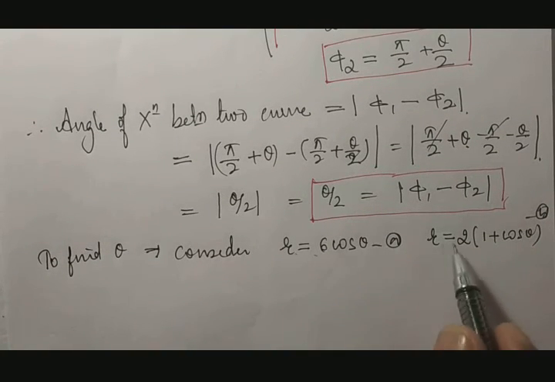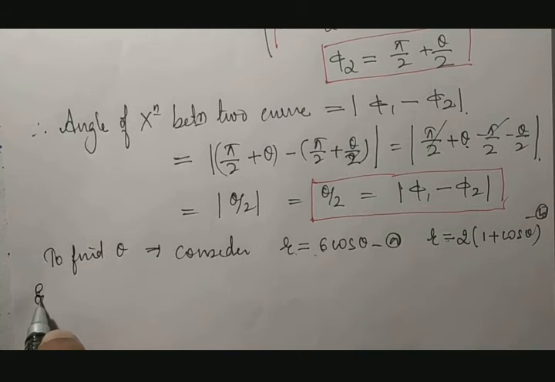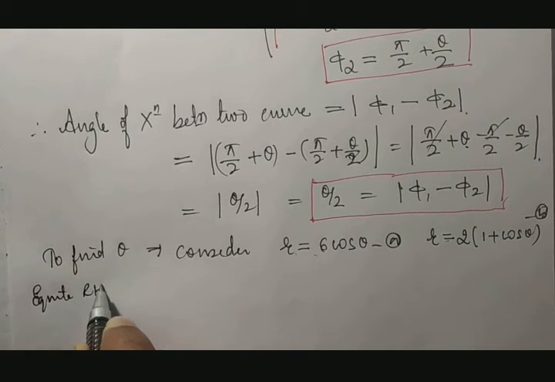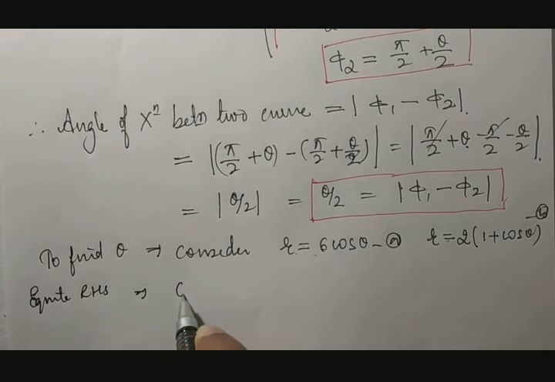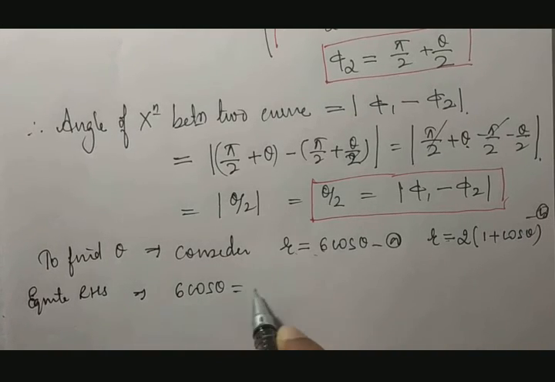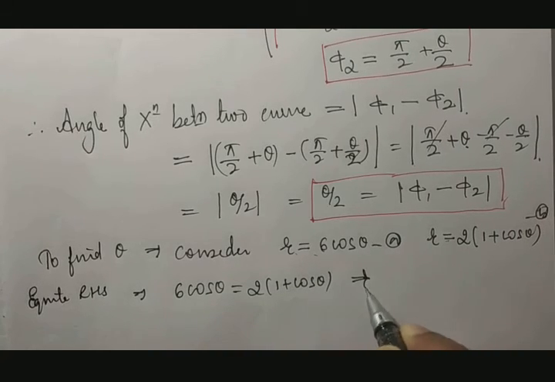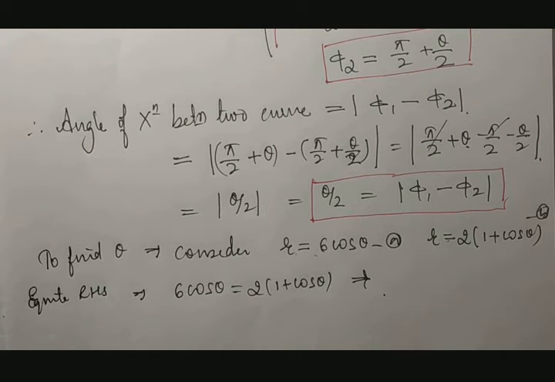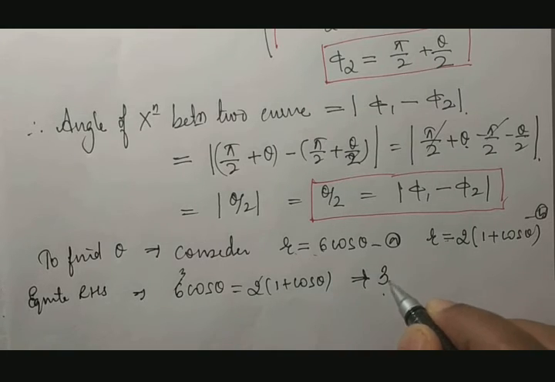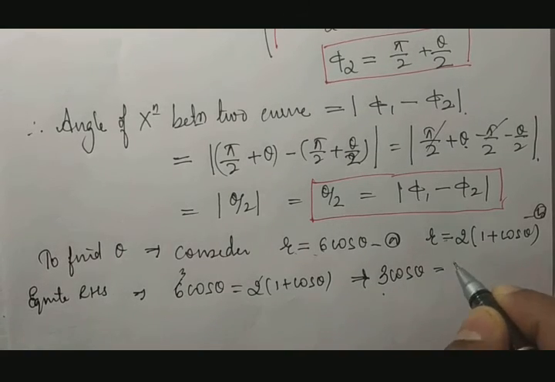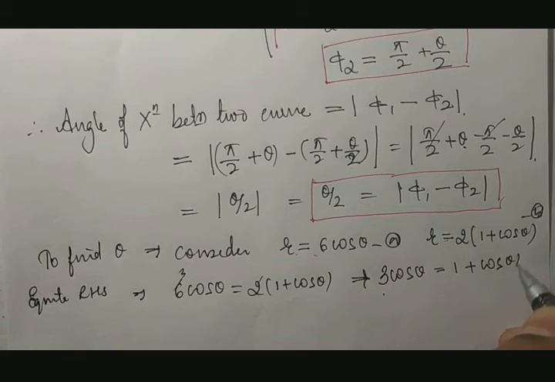What to do? r is equal to something, r is equal to something. Therefore, equate the RHS. It becomes 6 times cos theta is equal to 2 into (1 plus cos theta). Therefore, it is 3 times cos theta is equal to 1 plus cos theta.